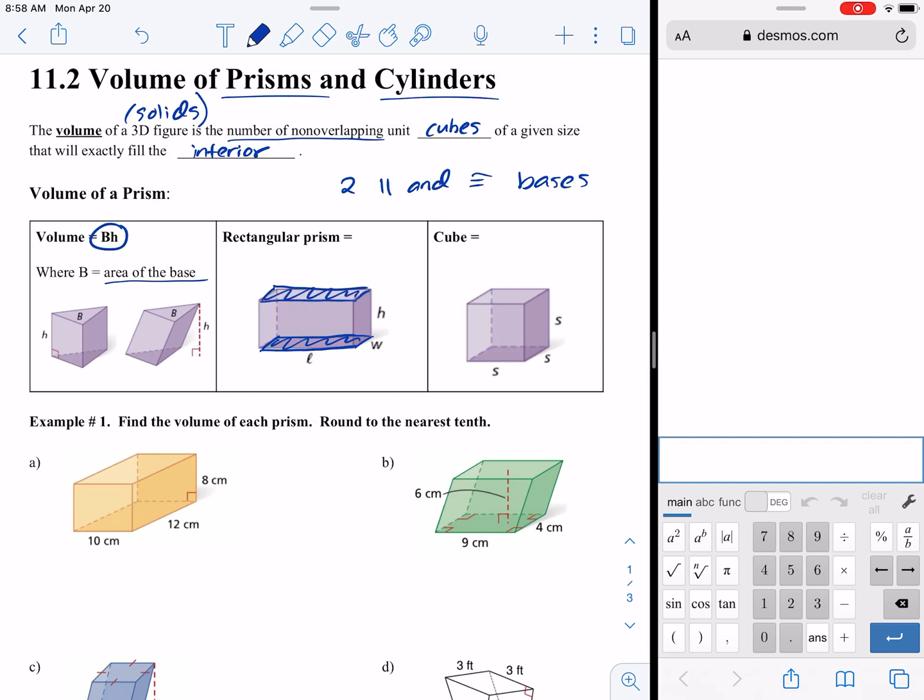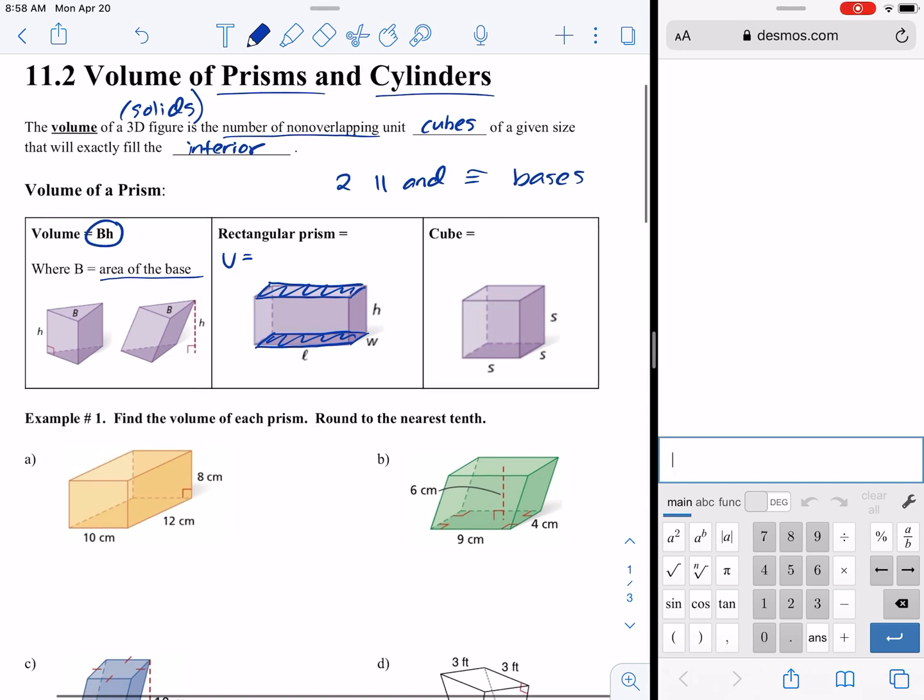So then the formula for the volume of a rectangular prism would be base times height, because the area of the base of a rectangle is just length times width, and then times the height. So now we're going to be multiplying three dimensions, length times width times height for a rectangular prism. For a cube, so I'm going to fix this V. For a cube, the length, the width, and the height are all the same length.